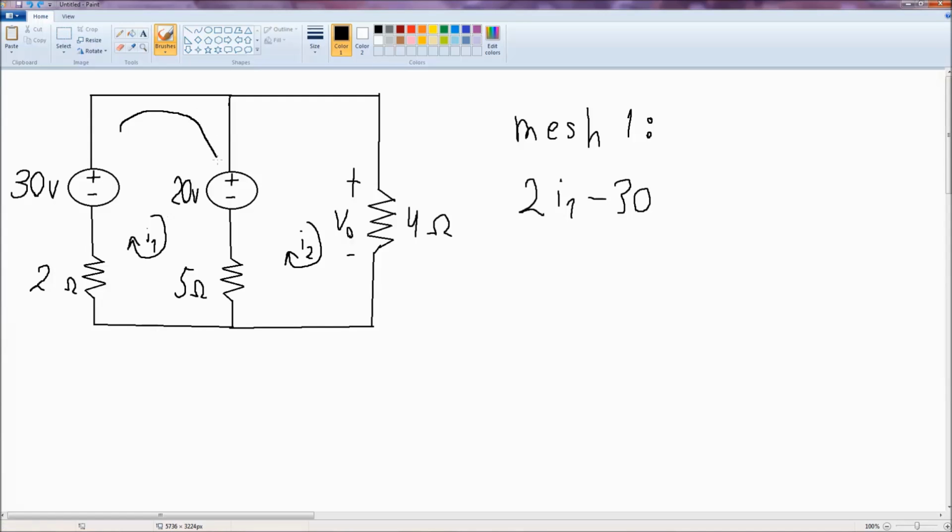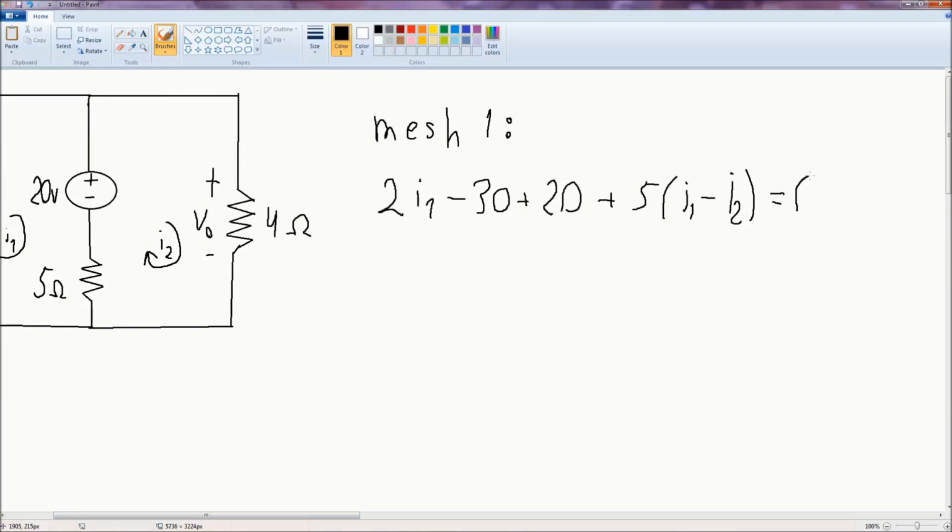And when the current comes here, we have this voltage source and the current is entering plus, so we write plus 20, and then we meet this one. But here we have the current, so plus 5 times I1 minus I2, basically what I explained earlier, and this all is equal to 0.